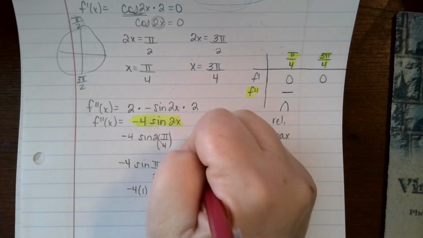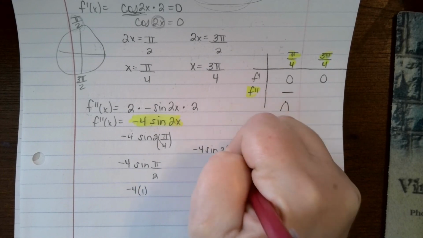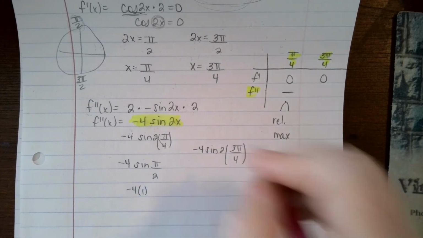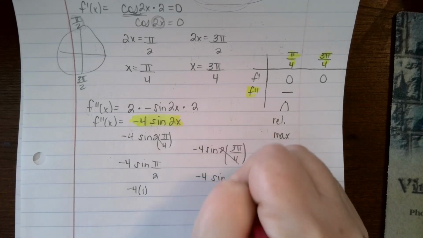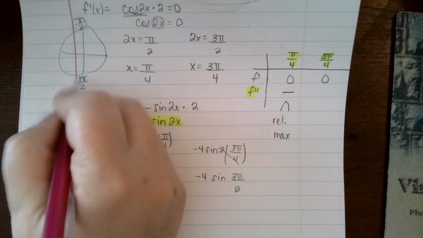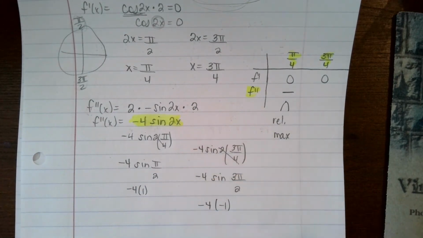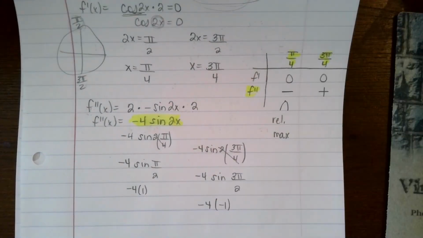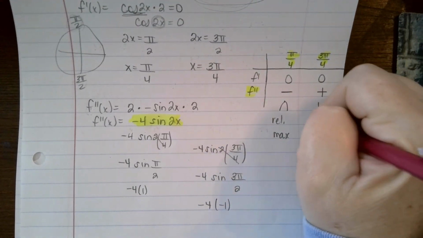So let's do the same thing with 3 pi over 4. That is going to reduce, and we have negative 4 times the sine of 3 pi over 2. Well, down at the bottom of the circle, sine is negative 1. So that means that's equal to a positive 4, which is concave up, which means you have a relative min.